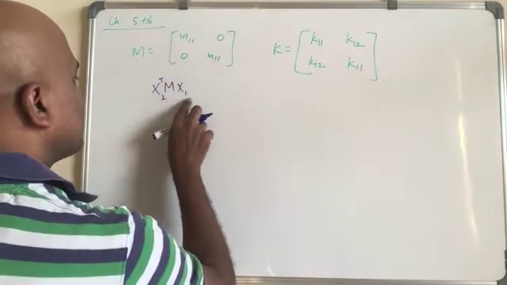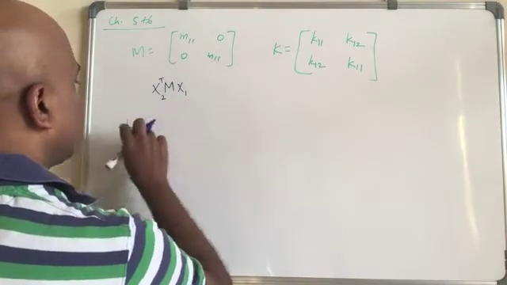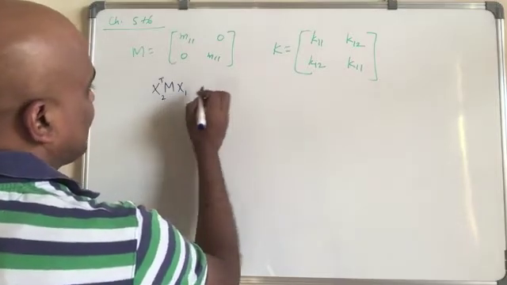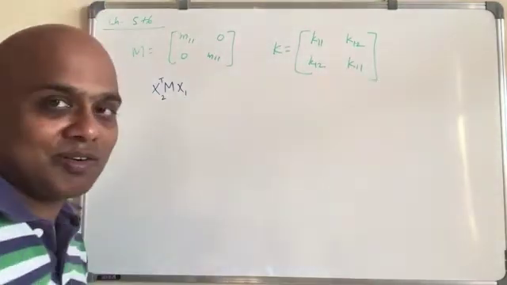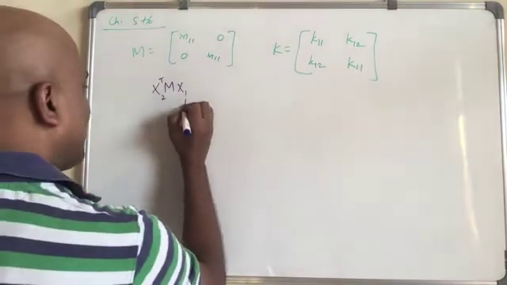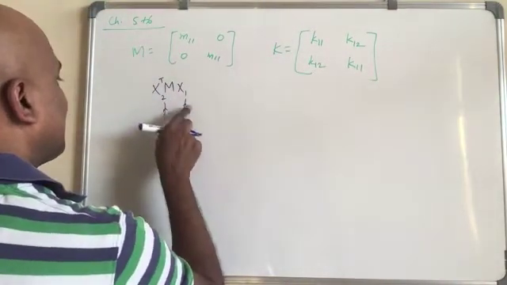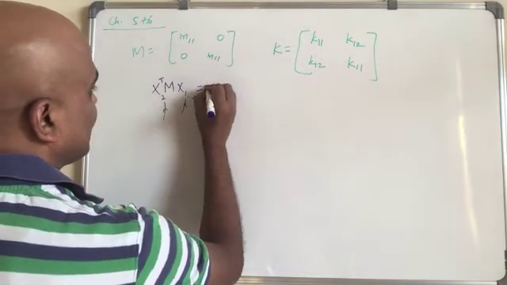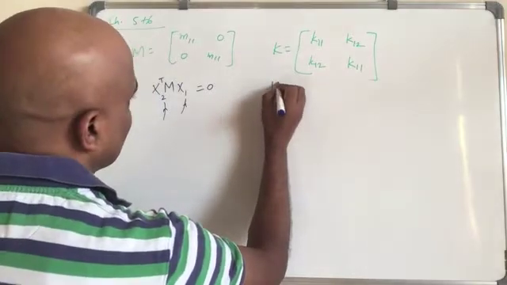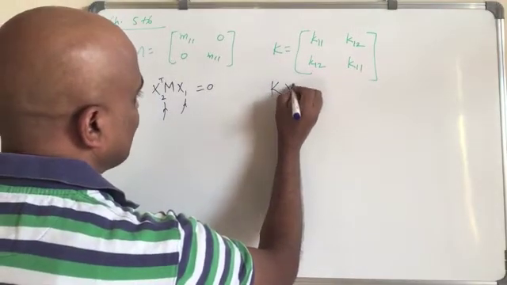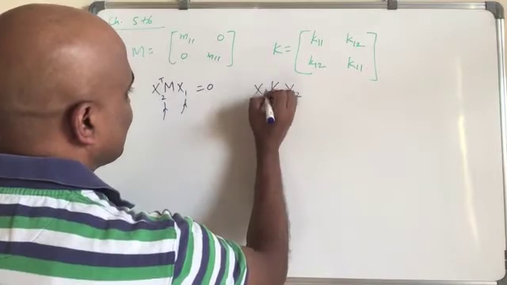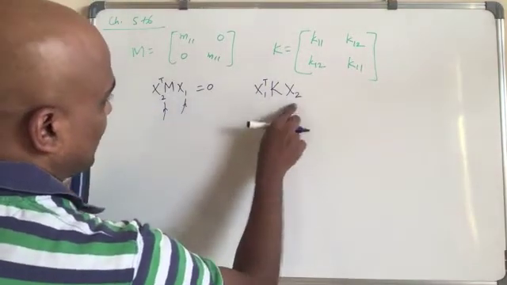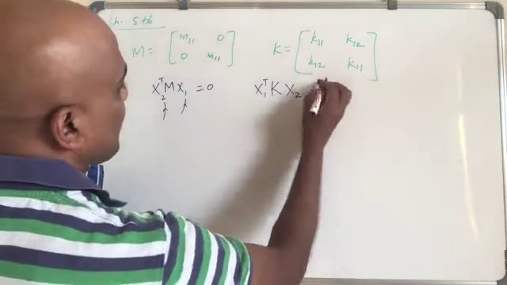We have seen already that they are orthogonal. Orthogonal means if 1 and 2 are different eigenvectors, then it will be equal to 0. And similarly for K also it will follow the same thing. If we have x2 here and x1 transpose here, it doesn't matter which one comes where. If these two are not matching, it will be 0.